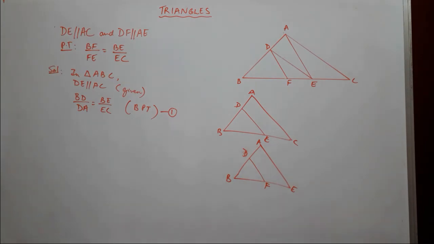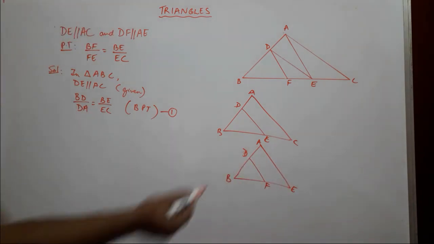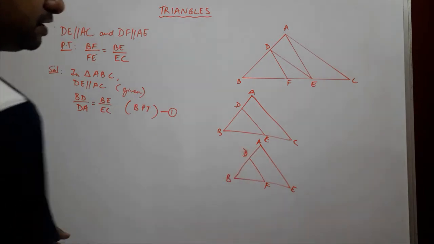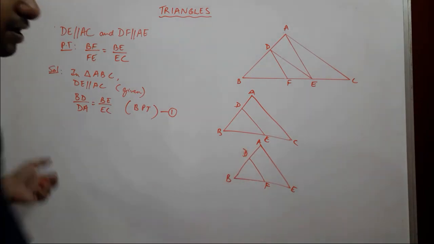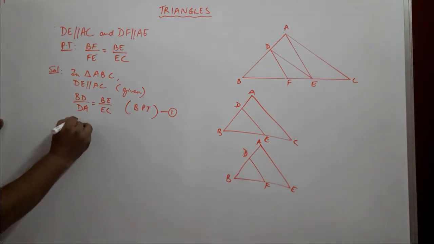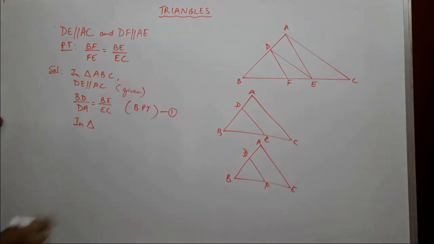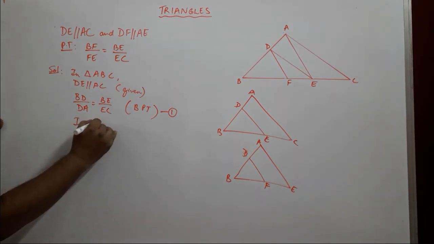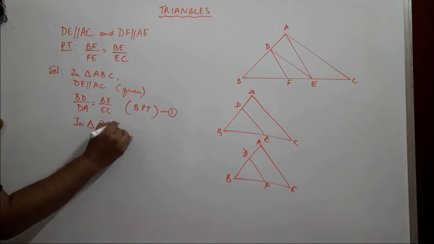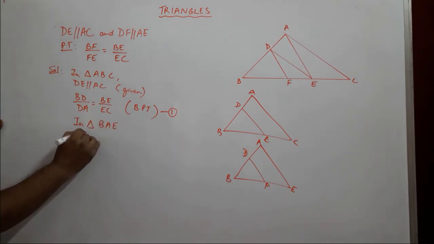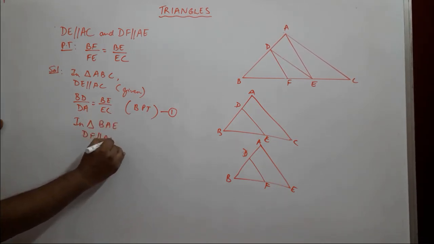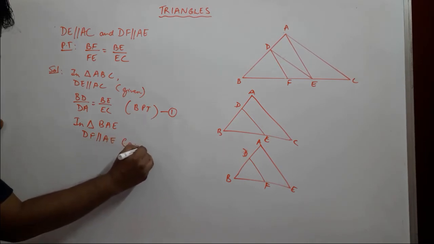Now that we have got here, is this clear now? We have DF parallel to AE, we just need to apply the basic proportionality theorem to this particular triangle and we should get our answer. So we say in triangle BAE, we have DF parallel to AE, which is given to us.